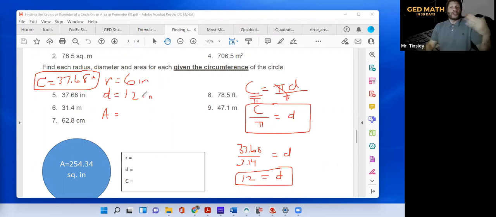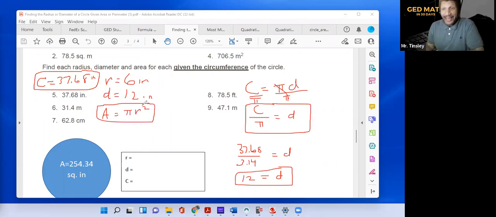Right. Okay. And now, since we know the radius, we can just plug it into the formula from our formula sheet. Area equals pi r squared. Every time you use a formula, I want you to say it and write it. Pi r squared. So pi, which is 3.14. Our radius is 6, and we're going to square that. So that's 3.14 times 36.